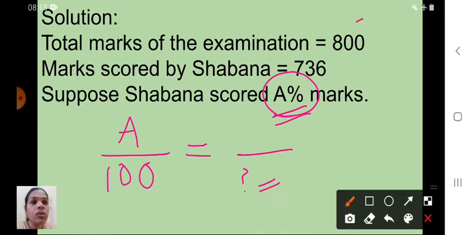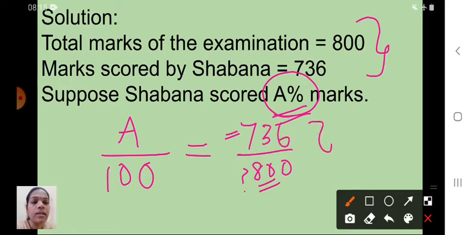Here the total is 800. Out of 800, the marks Shabana scored will come on the numerator side, that means 736. So children, this is the equation. If you make this equation in a proper manner, then only you can get the correct answer.